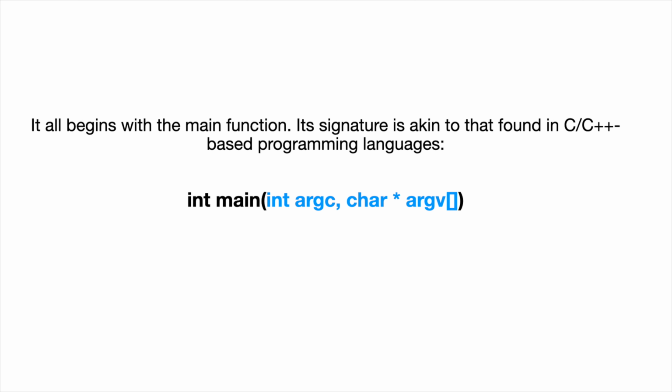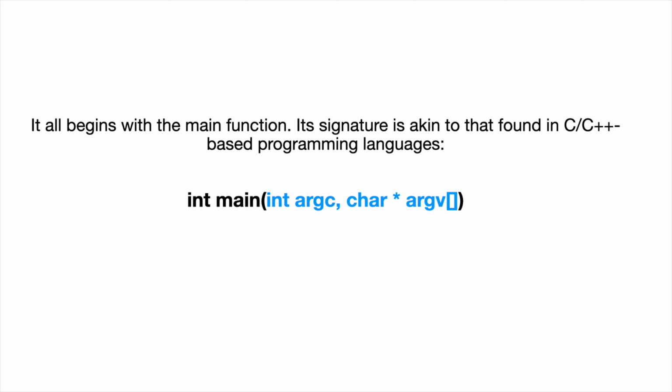It's as simple as the signature of the entry point function for the languages which are equivalent to C, C++, or similar to that. int main would be the entry point function. And in this case, the argc and the argv represented in this slide are the command line arguments.